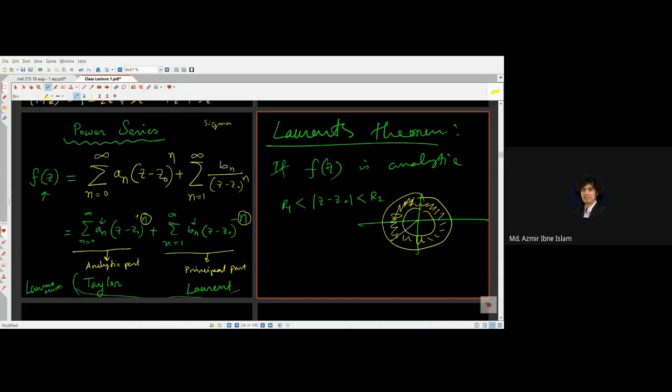This is a circle with radius 2 and we have another circle with radius 1. The function is analytic in the shaded region. In other parts, the function is not analytic. So only for this shaded region will there be a convergent power series. This function will give us this power series if it is analytic in this region. So this is the theoretical concept.